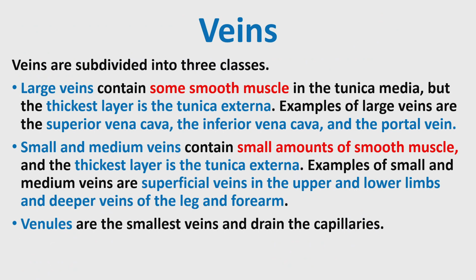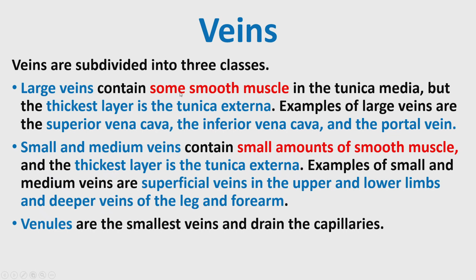Regarding the veins, we divide the veins into three classes: the large veins, the small and medium veins, and venules. The large veins are more or less the same as the medium or small.